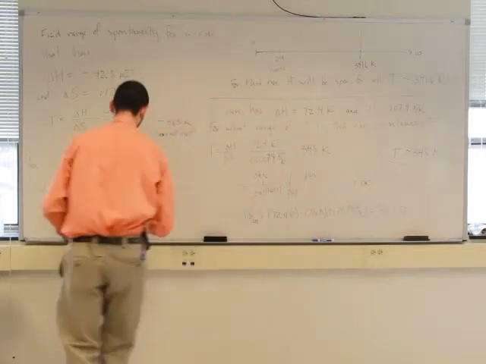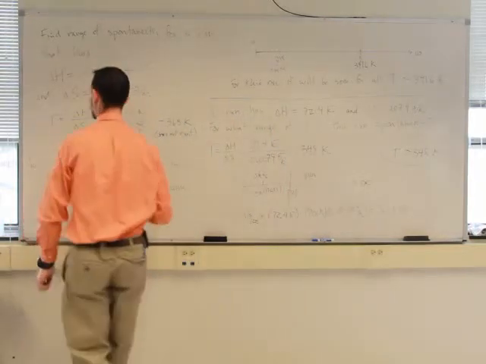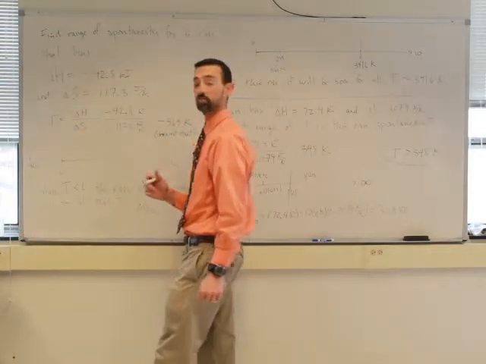So when I test a real temperature here, let's test 200 again, I better get a negative delta G telling me it's spontaneous.